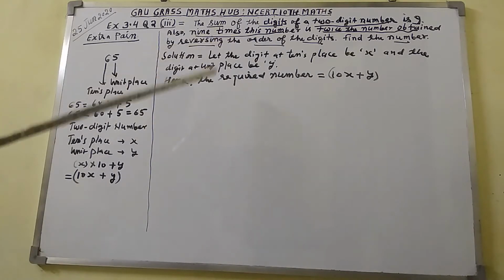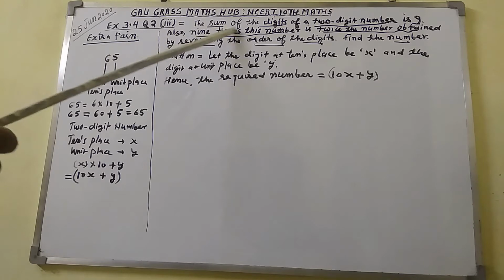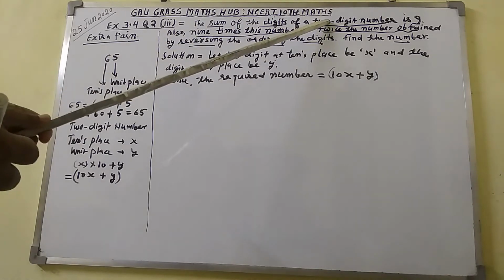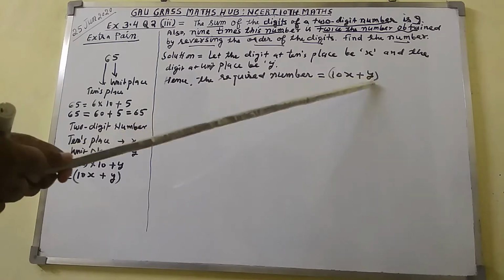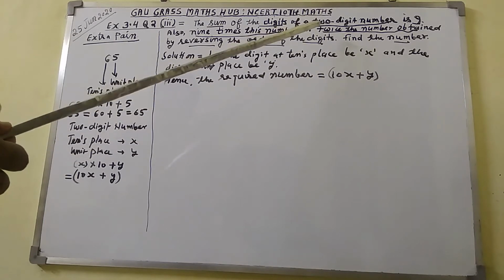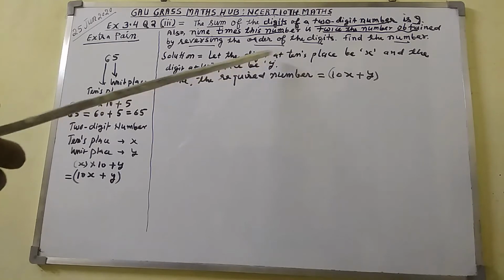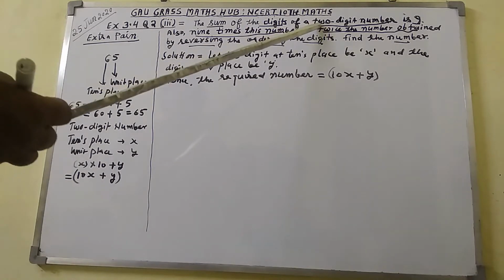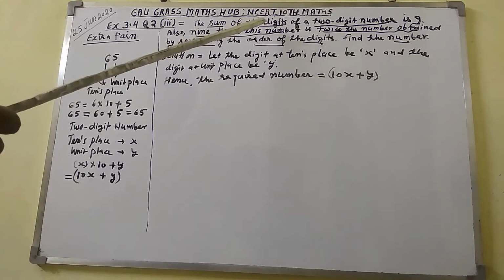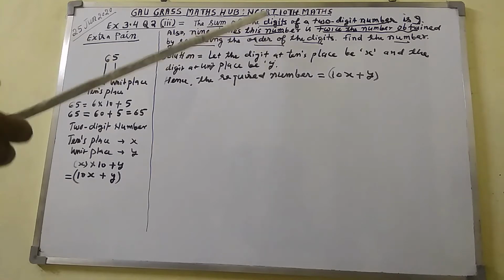Now come to the next. Here it says the sum of digits of a two-digit number. Now the two-digit number I have got here is 10x plus y, in which the tens digit is x and the unit digit is y. Now it says sum of digits.